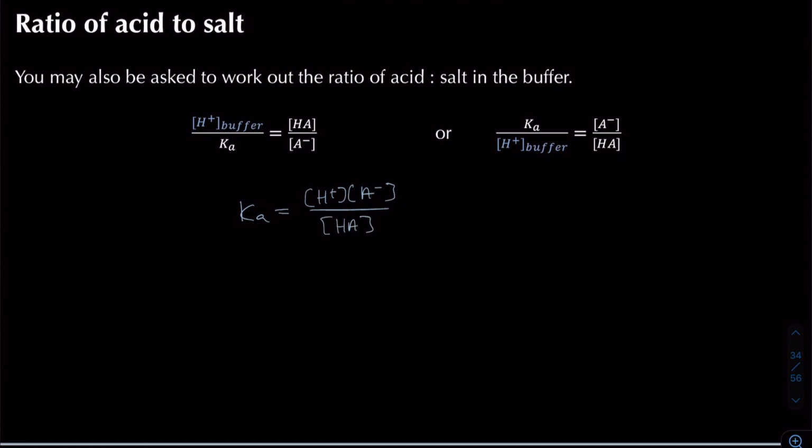I can rearrange this equation to give me the ratio of my acid to salt, which is what I've got over here, and it could also give me the ratio of my salt to acid itself as well. Remember, this A minus is going to be your conjugate base or your salt, right? And so if we were asked to calculate this ratio, we can use both of these two equations to work out the actual ratio of acid to salt or salt to acid itself as well.